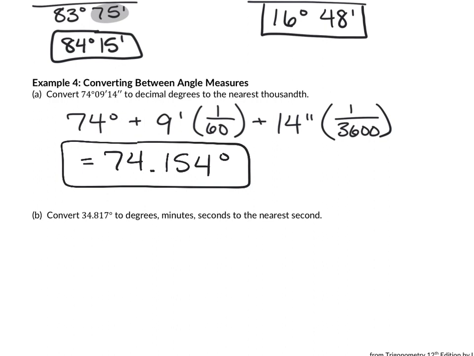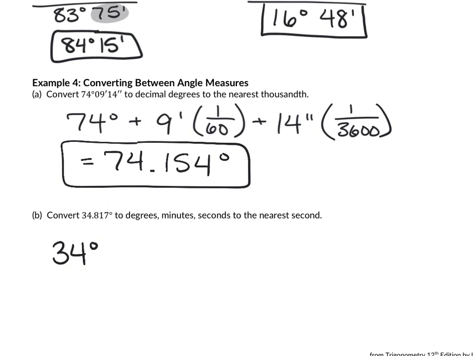Now, if we want to go the other way and we want to convert from decimal degrees to DMS, we have to work backwards, and this one takes a few steps. It's not just like throw it in a calculator and call it done. We know that 34.817 degrees is definitely going to have 34 degrees to start, but our problem is we need to figure out what that 0.817 degrees is in minutes and seconds.